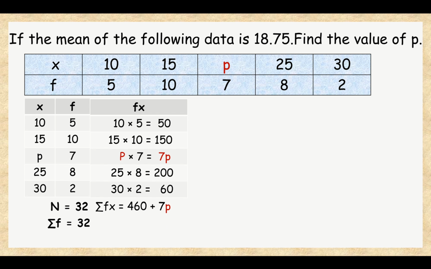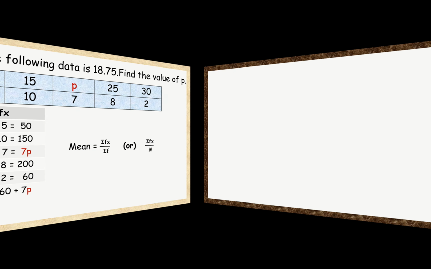You know the formula for mean, that is mean is equal to summation Fx by summation F or summation Fx by capital N. You can take anything. From the question we know mean is equal to 18.75 and we have got N is equal to 32 and we know summation Fx is equal to 460 plus 7P.